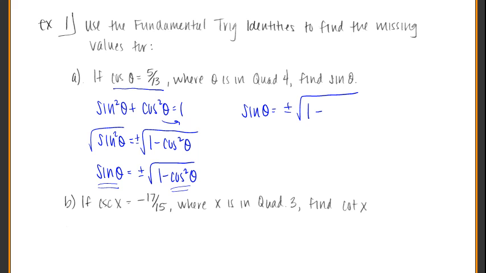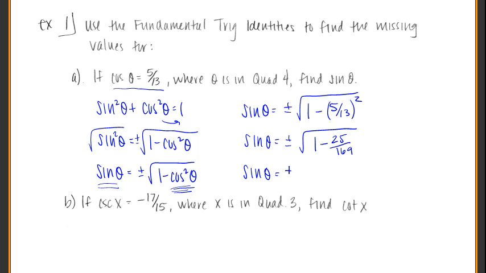Well, cosine theta is 5/13, so I'm going to plug in 5/13, and since this says cosine squared, I'm going to square 5/13. So sine of theta is plus or minus the square root of 1 minus 5 squared, which is 25, over 13 squared, which is 169, and then we just have to finish cleaning this up.